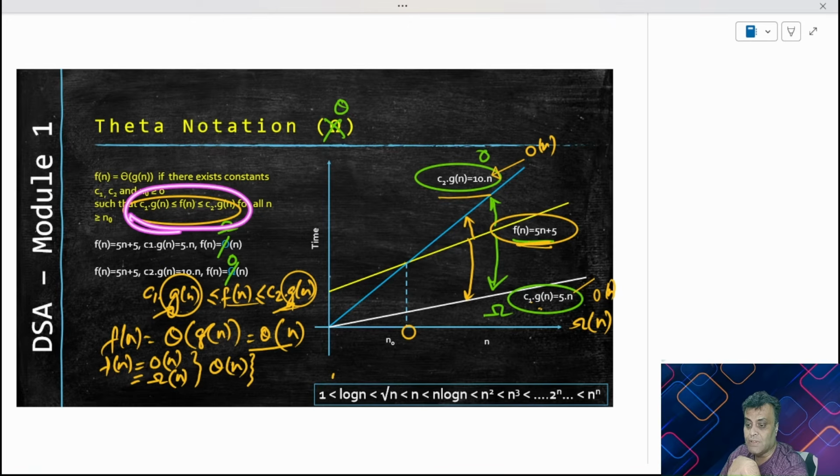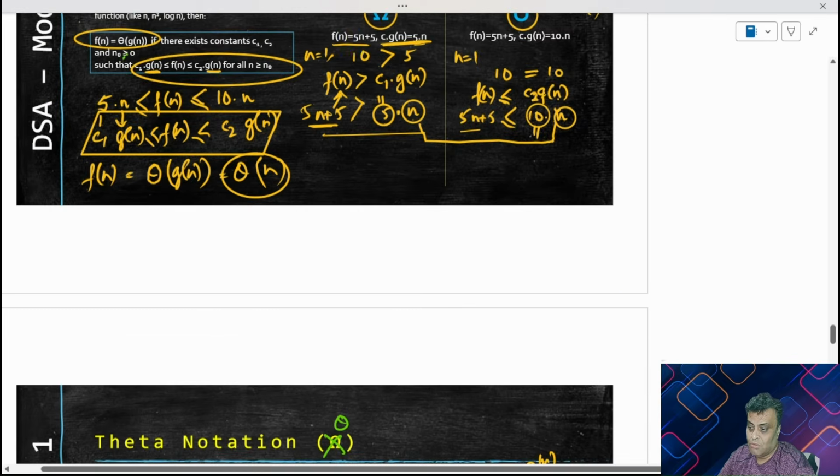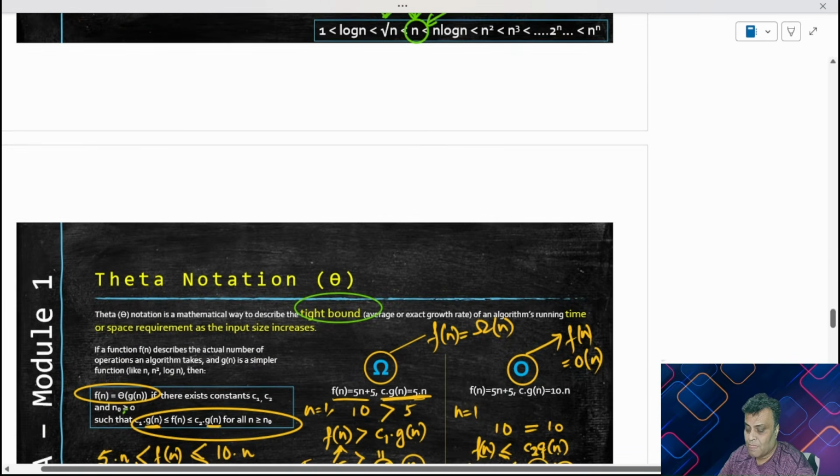So we have to satisfy this to find out what is the g(n) that can be applied to that particular function. That's how you calculate theta, or that's the concept of theta. And I hope you can now understand and appreciate what we are trying to establish.